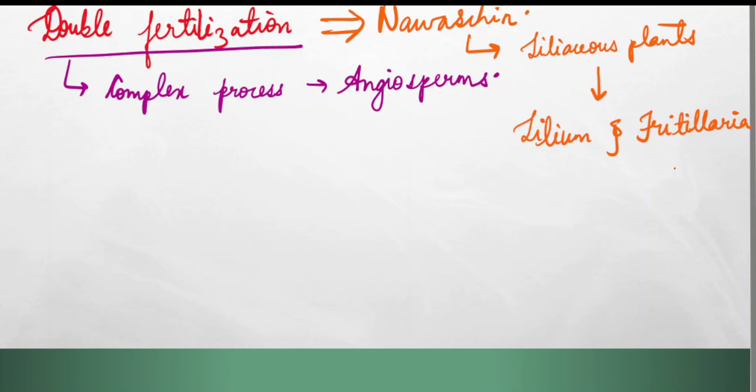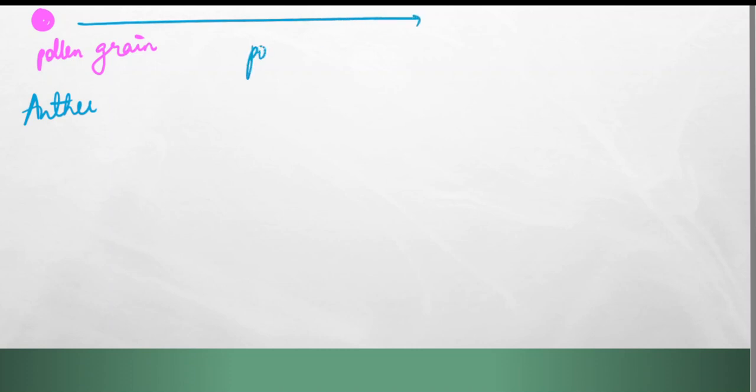Next, now if we come towards the further part, see, we know that pollen grain is there. Pollen grain came from where? It came from the anther, and it came by the process of pollination.